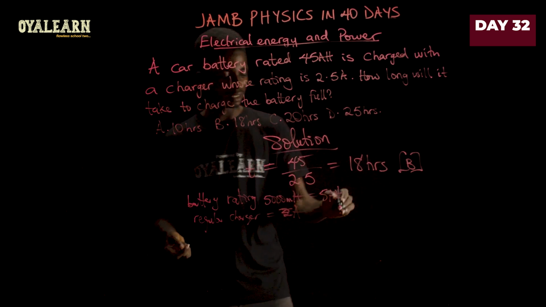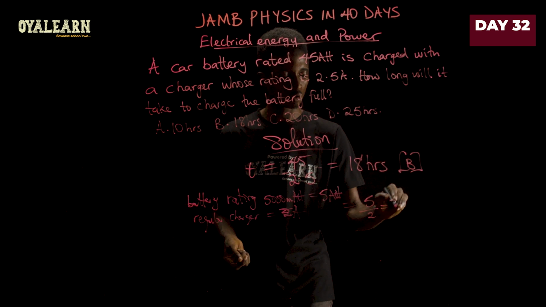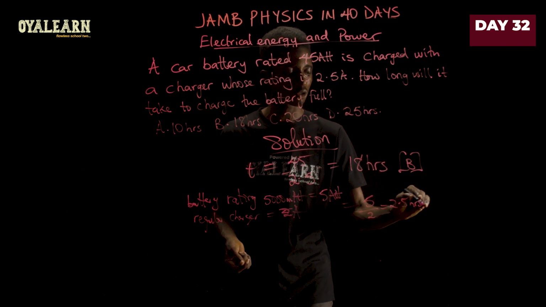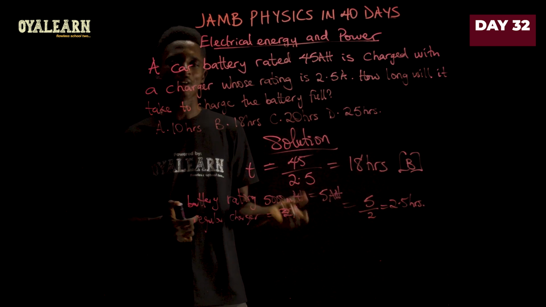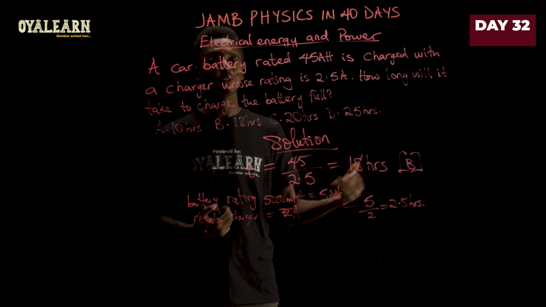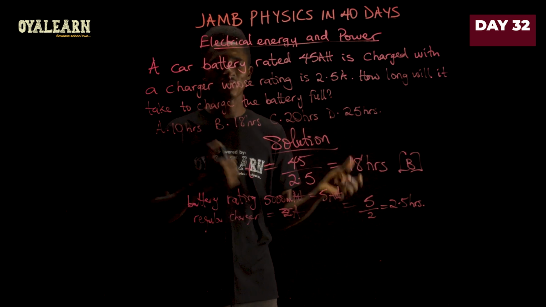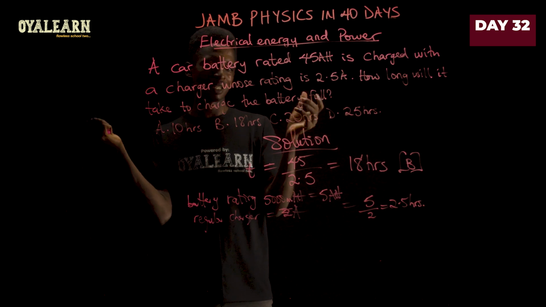So when we apply this, you see that 5 divided by 2 will give you 2.5 hours. This is why most phones charge in 2.5 hours to full capacity. However, depending on your charger, you can either speed up your charging time or reduce your charging time. I hope this has been helpful.